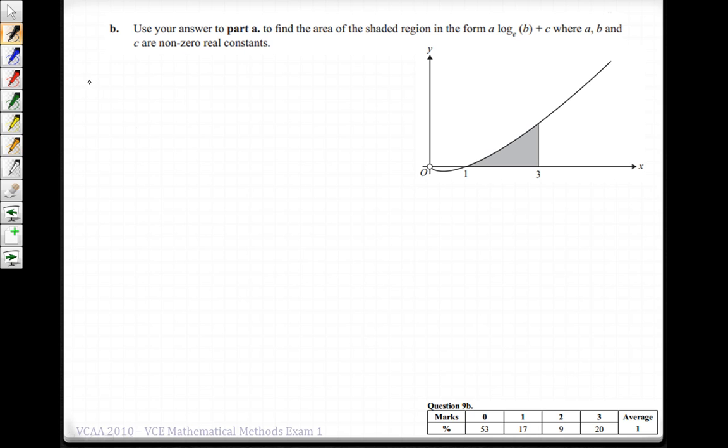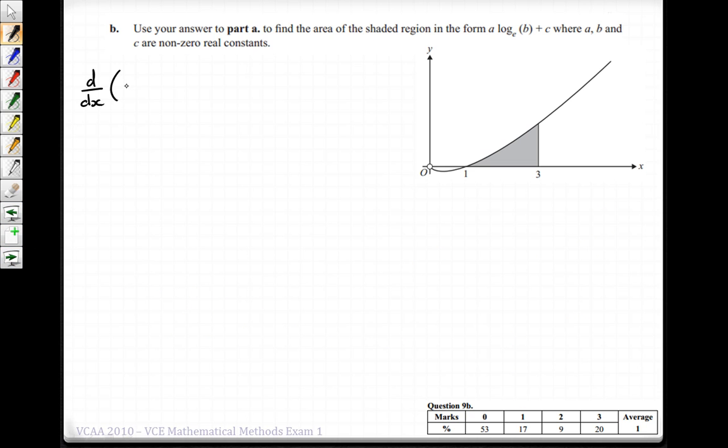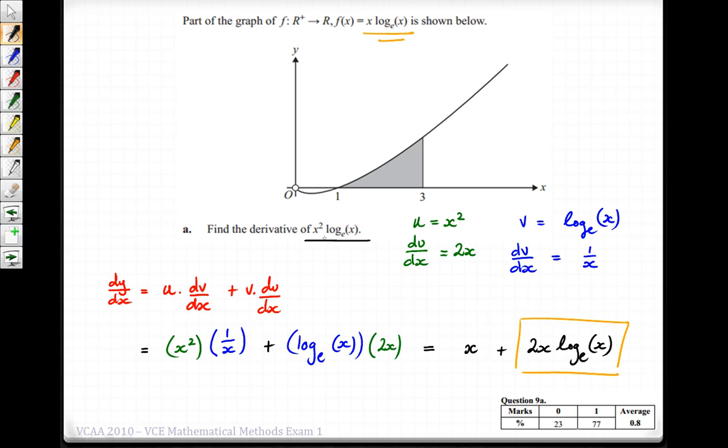We said d dx of x squared log e of x equaled x plus 2x log e of x. So just to double check, our derivative of that x squared log e to the x was in fact x plus 2x log e to the x.